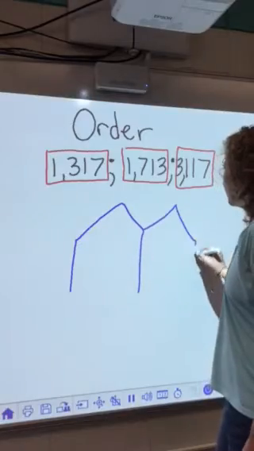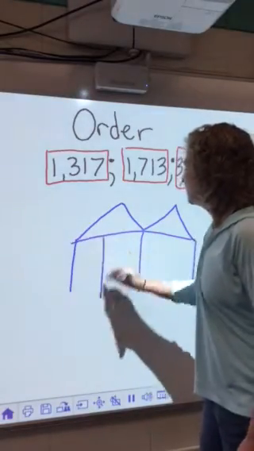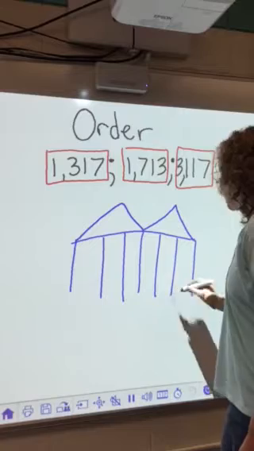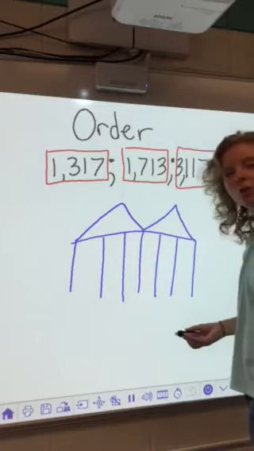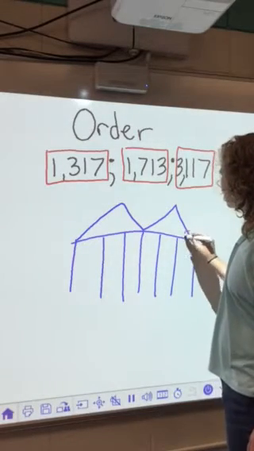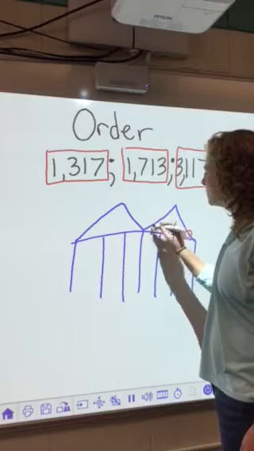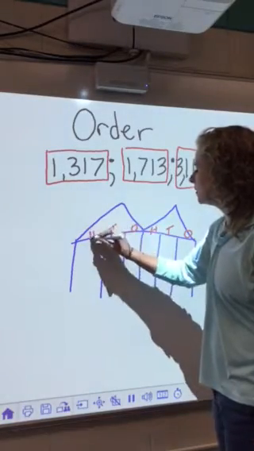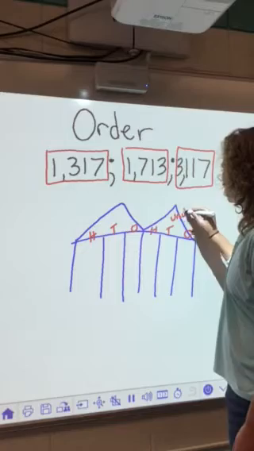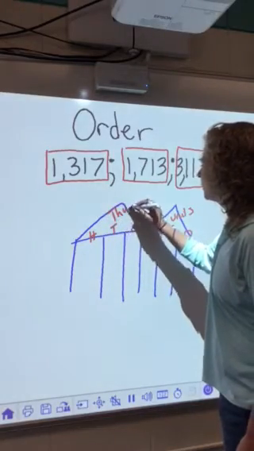I always have to build my houses. It's a good thing you have houses already made in your math folder. You could just use those. Let's label them. Ones, tens, hundreds. Ones, tens, hundreds. Units house and thousands house.